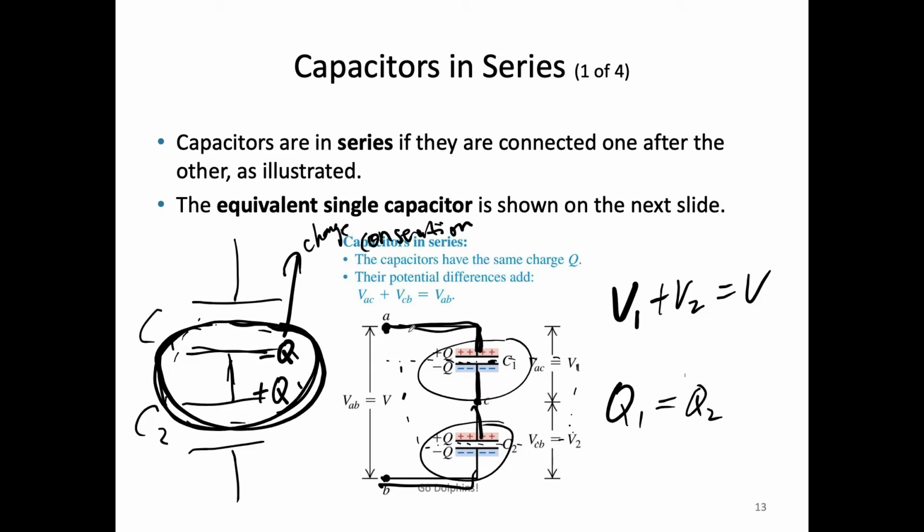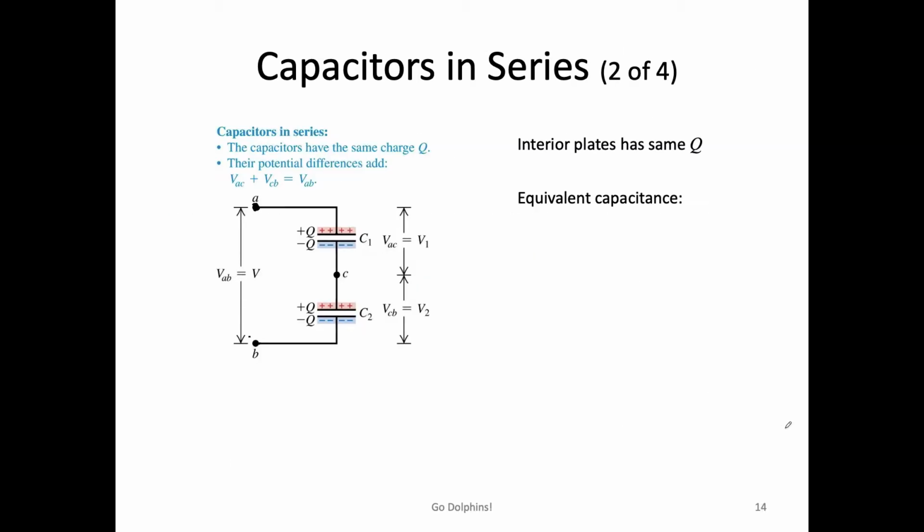And if you look at them as an equivalent capacitance, and say your capacitor has charge Q, so Q1 equals Q2, and it also has to equal Q. So now we know C1 and C2 carry the same amount of charge. Let's call it Q. And we also know V equals V1 plus V2.